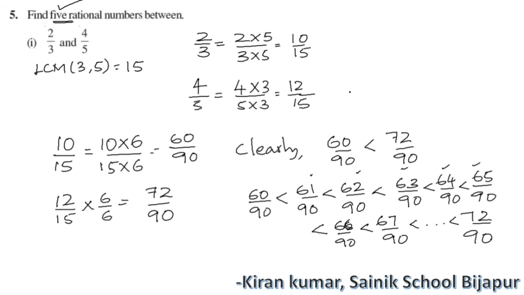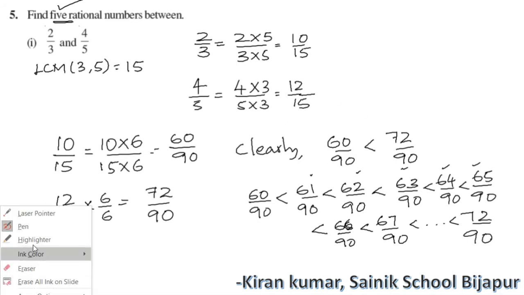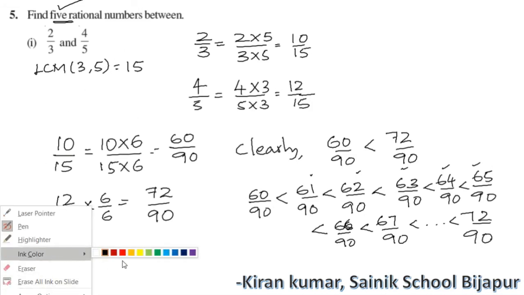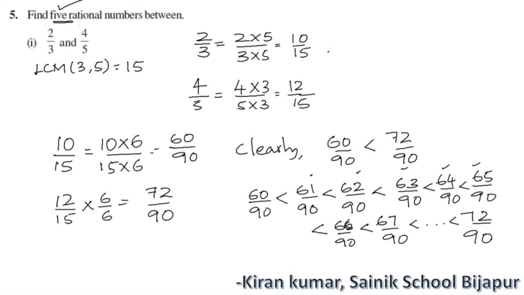One more method is, after finding the LCM, I can guess some number. Say, if I convert both the denominators to, say, 60, then 2 by 3, I can multiply and divide by 20 so that it becomes 40 by 60.